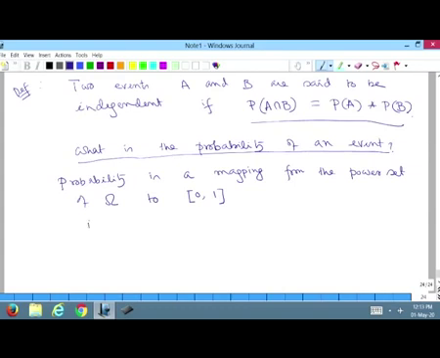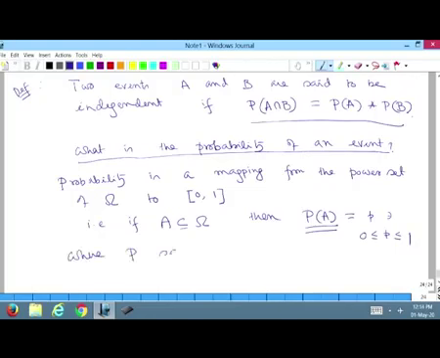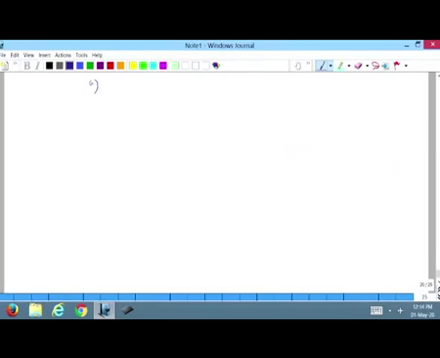That is, if A is a subset of omega, then P of A is the probability associated with the event A is a number P such that 0 less than equal to P less than equal to 1, where P satisfies the following: A, P of A is greater than equal to 0 for all A contained in omega.